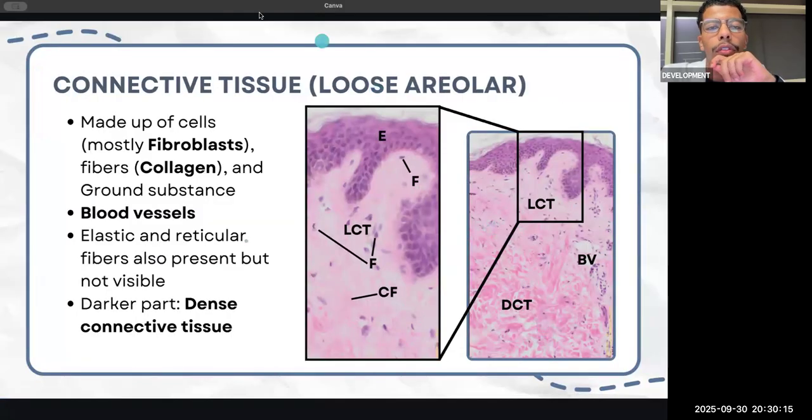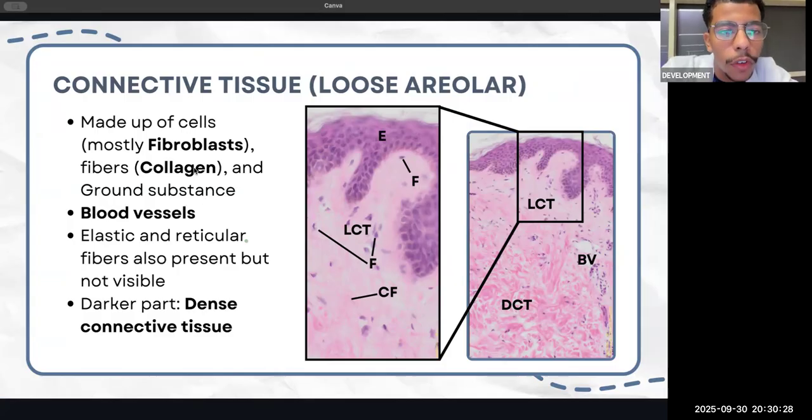Now, before we start connective tissue, any questions? We're done with the epithelium. Yes, the pseudostratified columnar epithelium is found in your respiratory system, specifically the trachea.